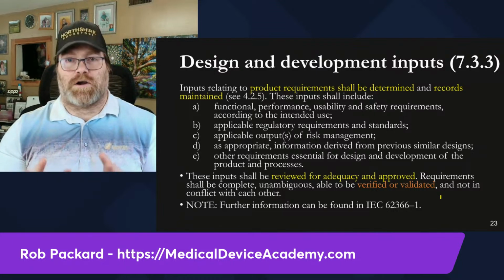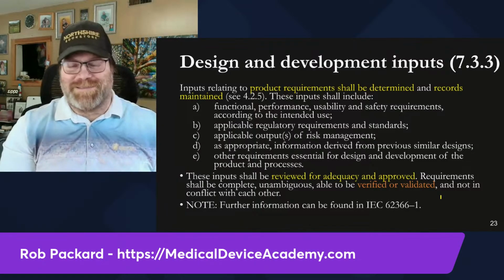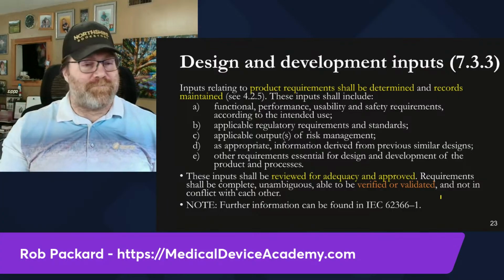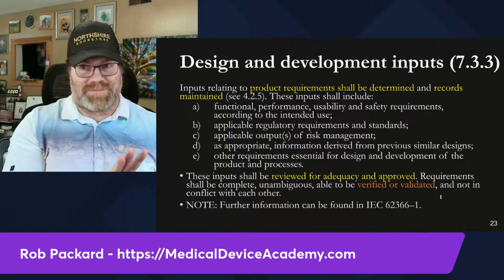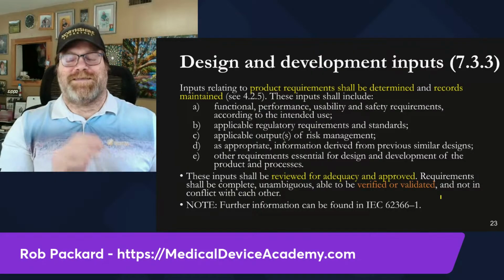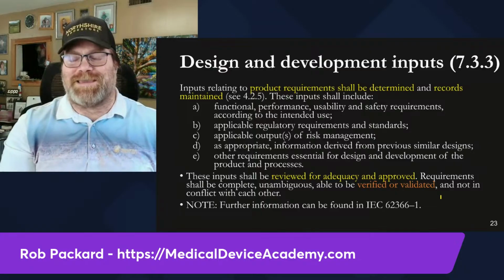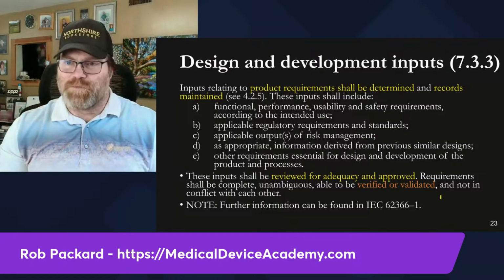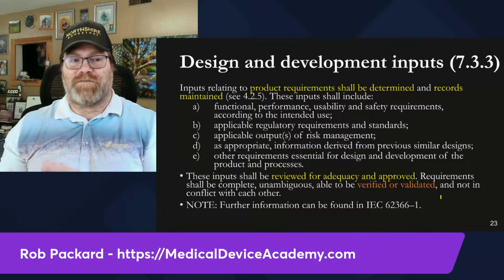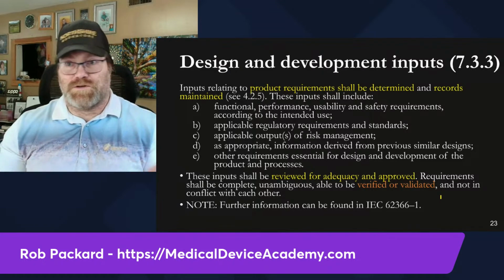User needs are inputs. That's why we don't have a clause for user needs. User needs are something you get from your usability engineering file that didn't exist when they wrote this. So when they created this in 1996, and they made no revisions to it except to add statistical techniques, what they were saying here is, yeah, you're going to have to validate some things, you're going to verify others, and you will have to know which one you do.